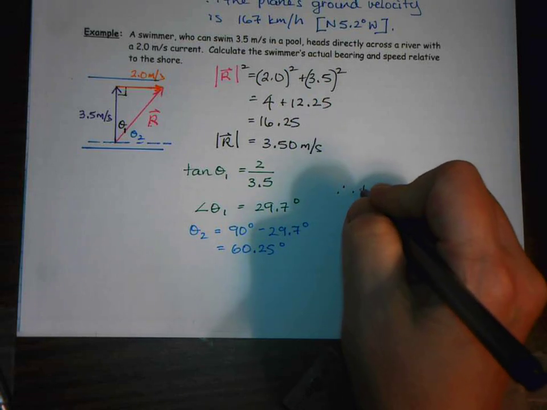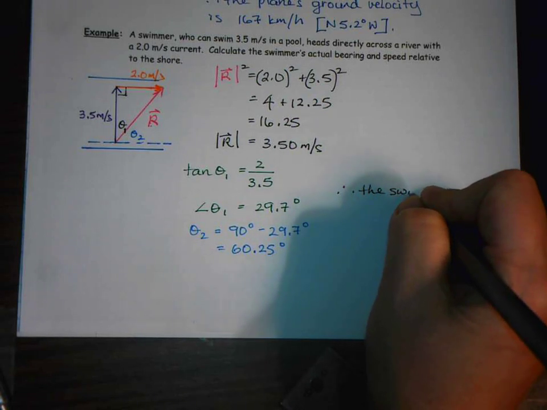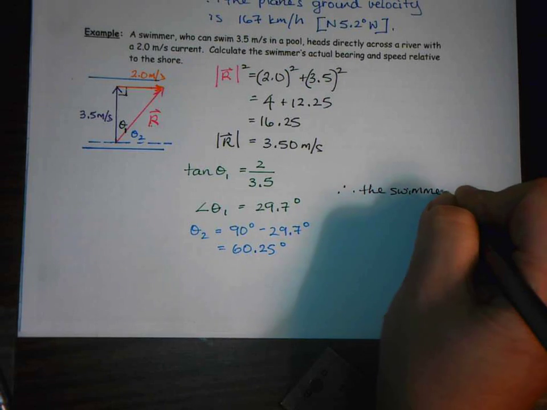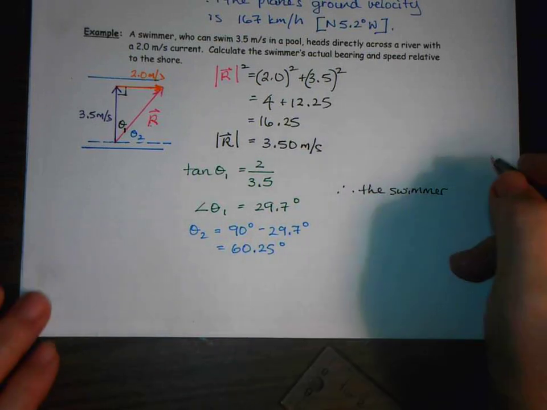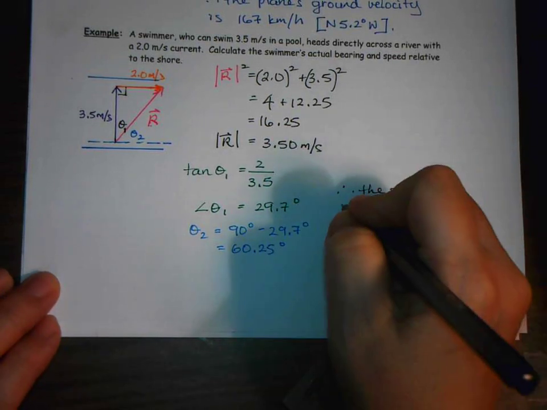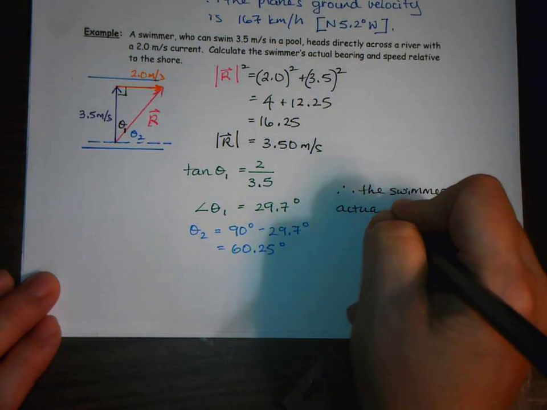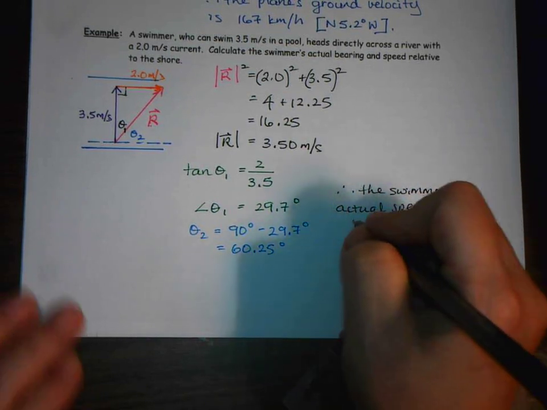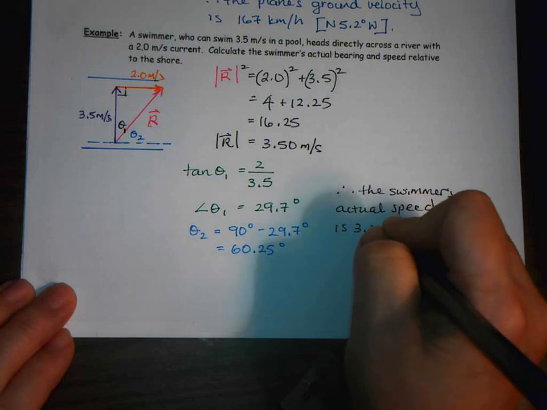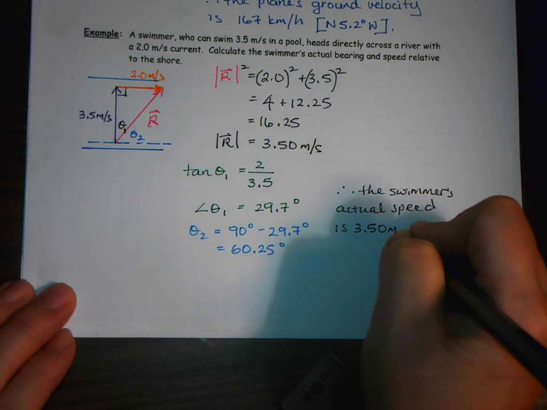the swimmer's actual speed is 4.03 meters per second.